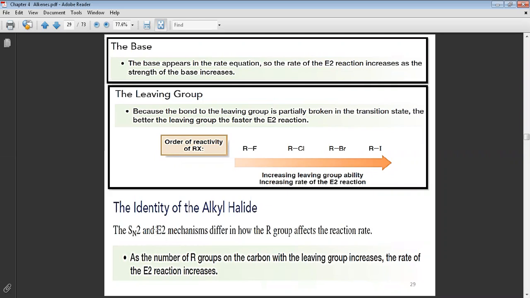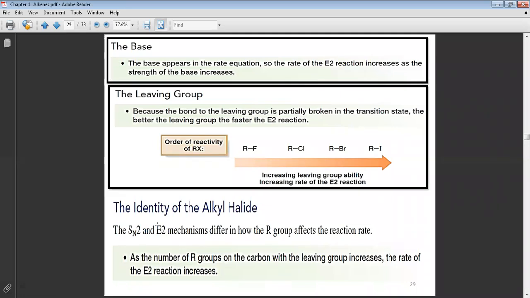That means E2 is the reverse of SN2. About the starting material, the alkyl halide: a tertiary alkyl halide is good for the E2 but not good for the SN2. A primary alkyl halide is good for the SN2, but not good for the E2 elimination.